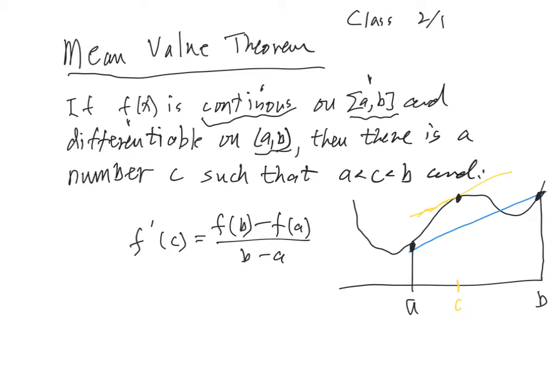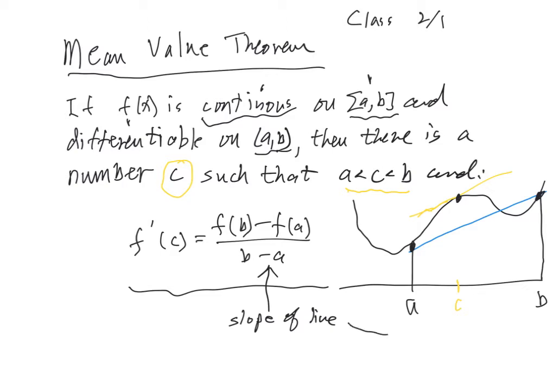And the theorem says then there is a number. We'll call it C, with this property: it's strictly between A and B. It's on the interior of the interval from A to B. And then it has a slope property. So here's the algebraic equation. We can recognize the right-hand side as being the slope of a line segment: change in y over change in x.